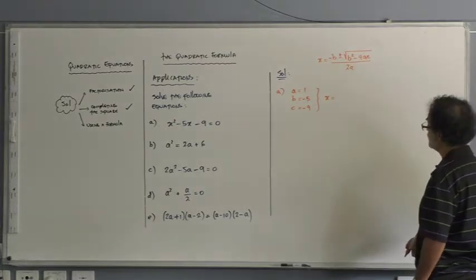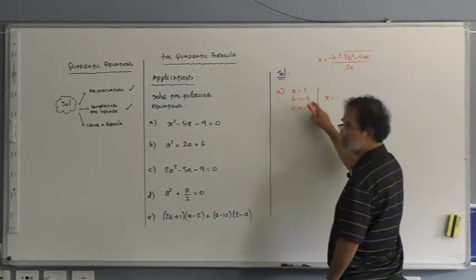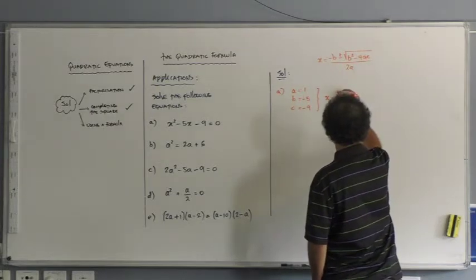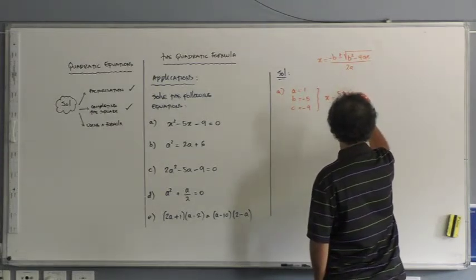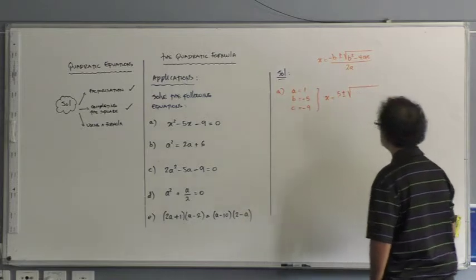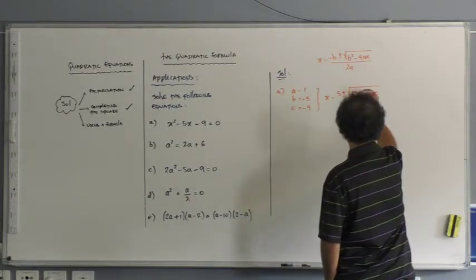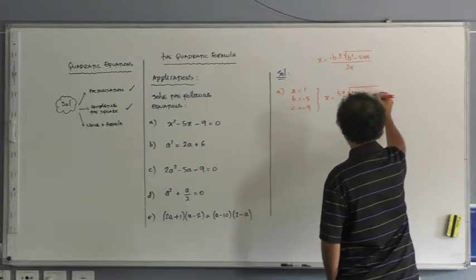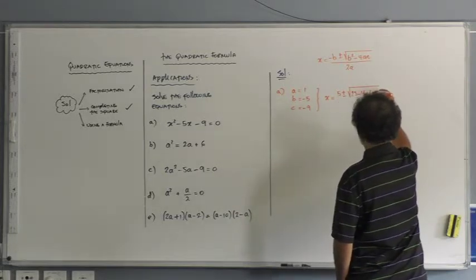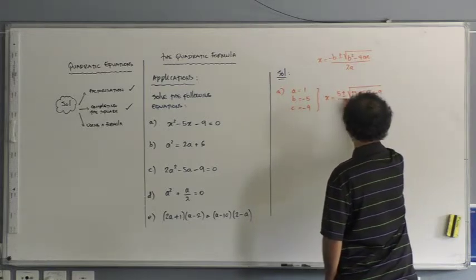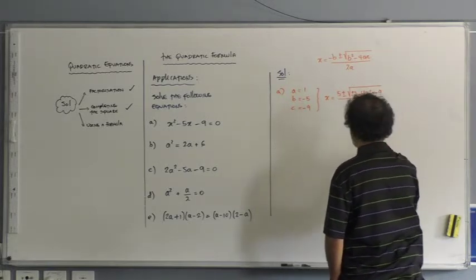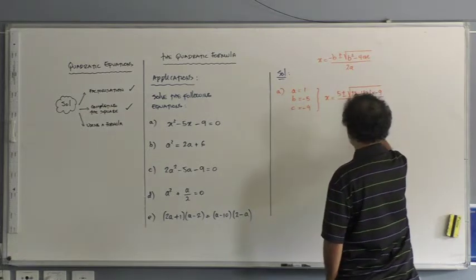So x is equal to negative b, so it's going to be positive 5, plus or minus the square root of b squared, so it's going to be 25, minus 4 times a, which is 1, multiplied by c, which is -9, and then all over 2 times 1, which is 2.